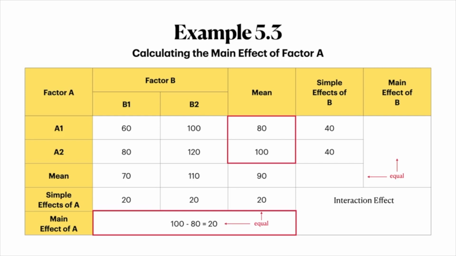We take the difference between the means of the levels of factor A, so 100 minus 80, and that gives us 20. And so we see here that we get 20 using both calculations.